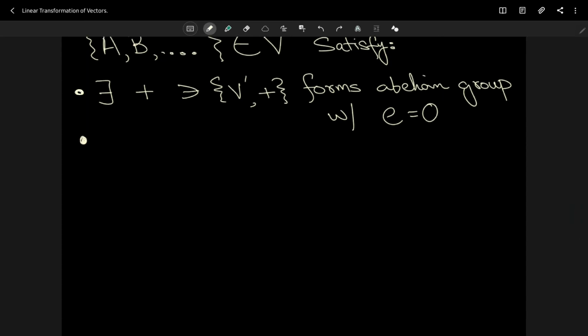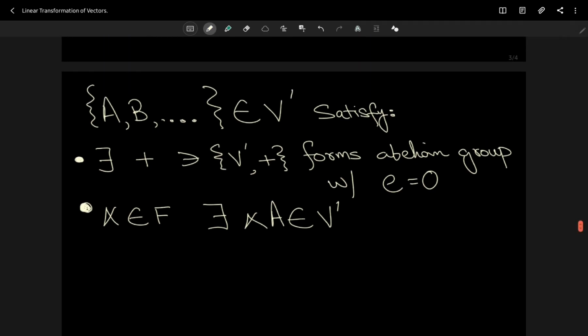And the other property that this thing has to satisfy, let me draw this circle for the first one, and we will talk about the second one over here. For every alpha that belongs to the field F, there exists a transformation alpha times A that belongs to the vector space V prime.